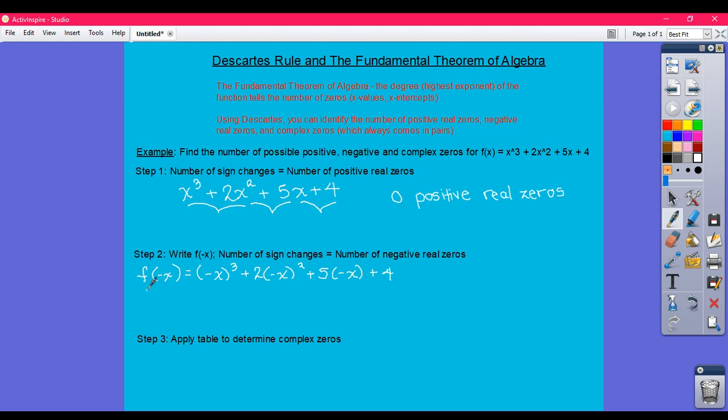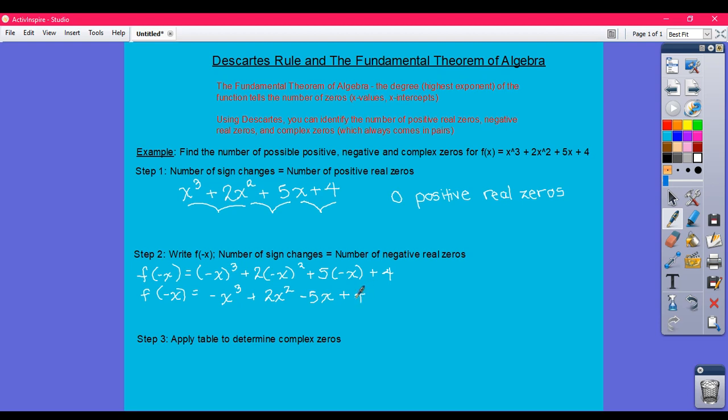Anytime you have a negative base and an odd power, it's going to stay negative. Anytime you have a base that's negative and the exponent is even, it's going to be positive. Think about it: negative x times negative x is positive x squared. And then 5 times negative x is negative 5x, and then bring down the positive 4, which is just the constant.